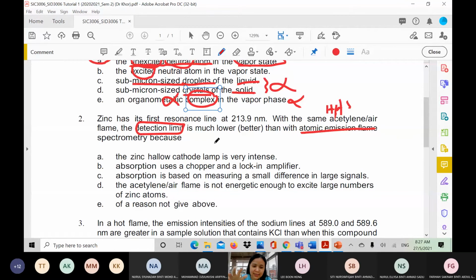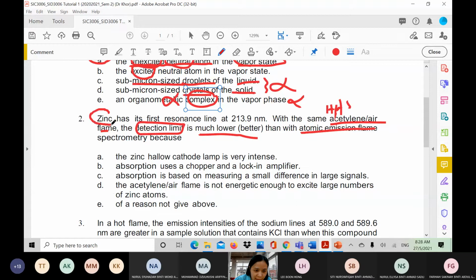For elemental analysis, usually we want to detect at low, trace, ultra low concentration. If we use AAS, we are able to detect the target analyte at much lower concentration. It gives us signal as compared with the AES, right?